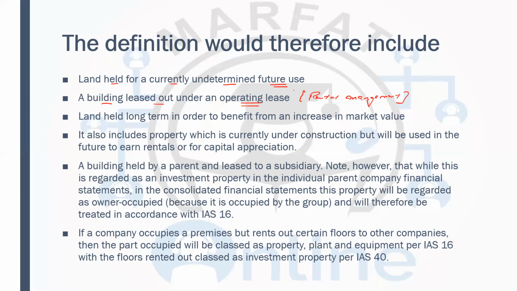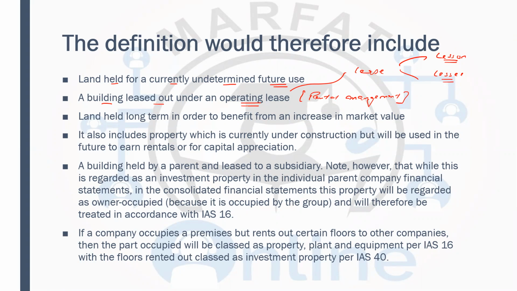Now, you probably know that lease is actually a relationship between the lessor and the lessee. The lessor means the one who is giving the asset on the lease, and the lessee is the one who is taking the asset on the lease. The lessor will be getting the payment, the lessee will be getting the asset for the use.